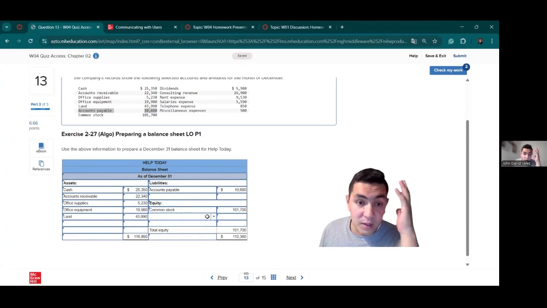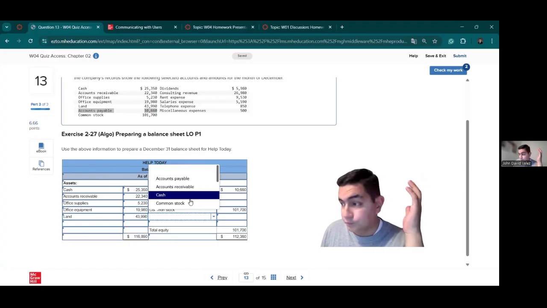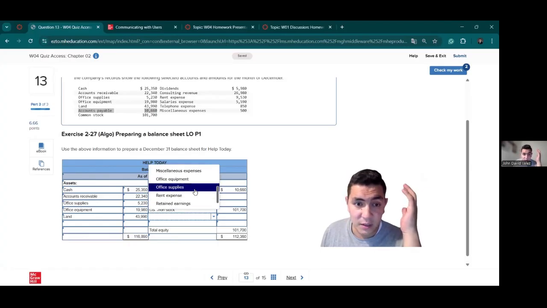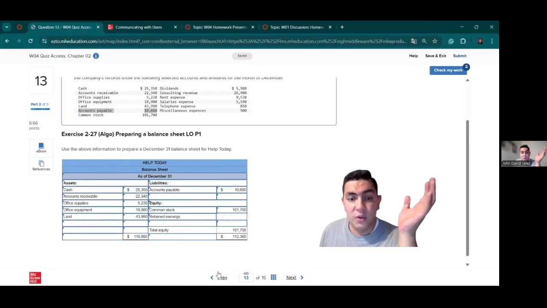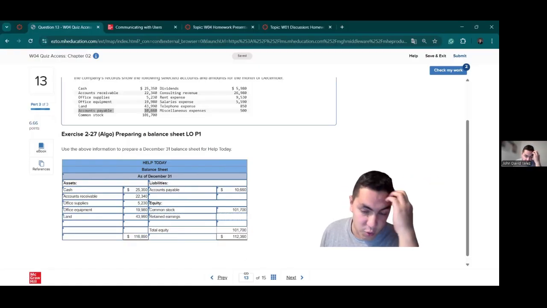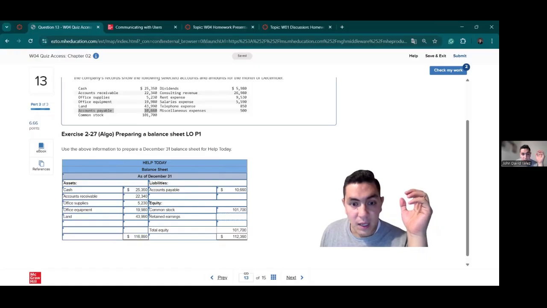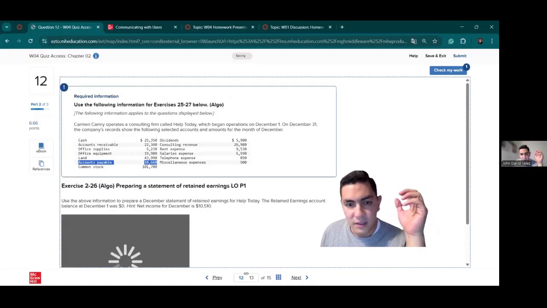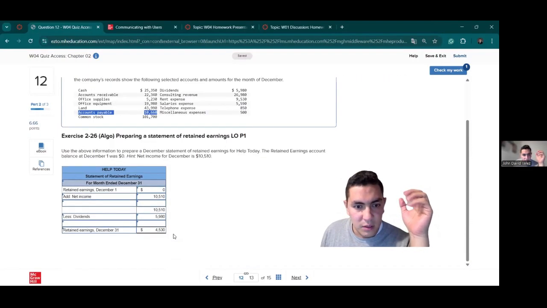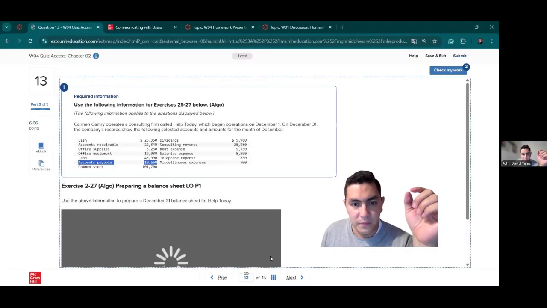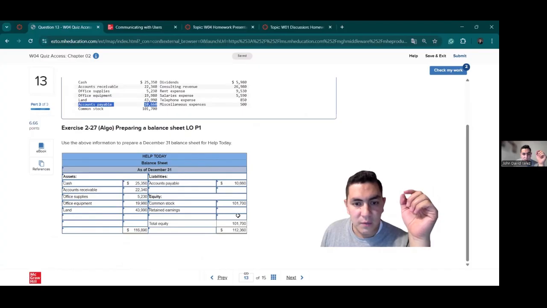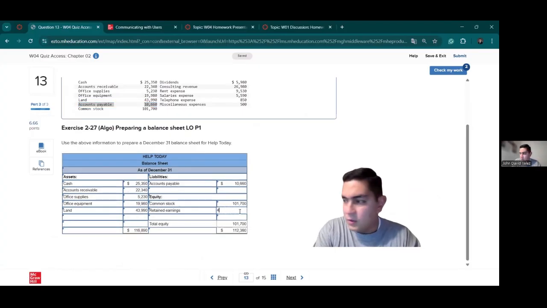The other part of the equity is the retained earnings. So we use the retained earnings that we already have in question 12, and that is 4,530. So we use the same 4,530.